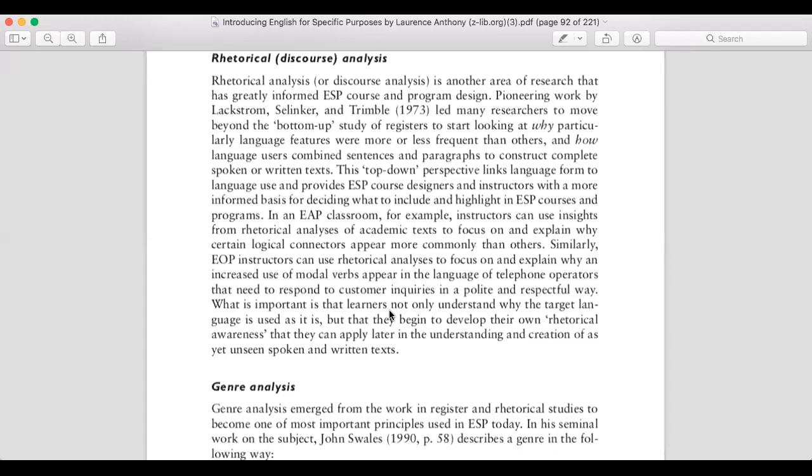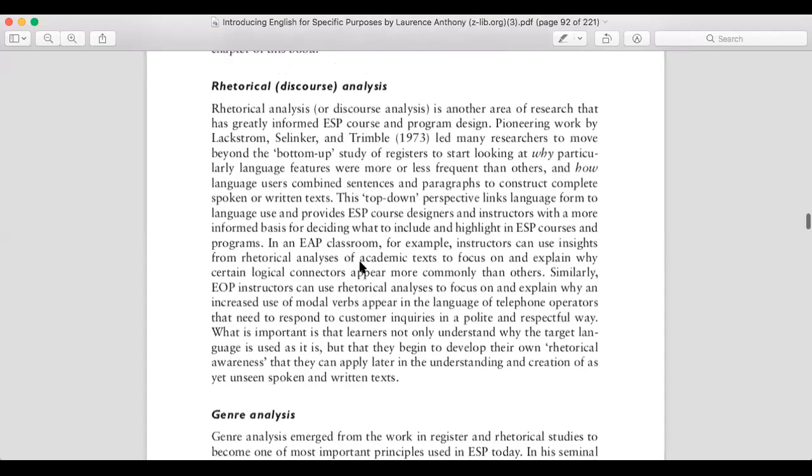But more importantly, you're going to make them aware of their discourses, which they can apply in understanding and creating their own spoken and written text, okay. So this is what rhetorical analysis is.